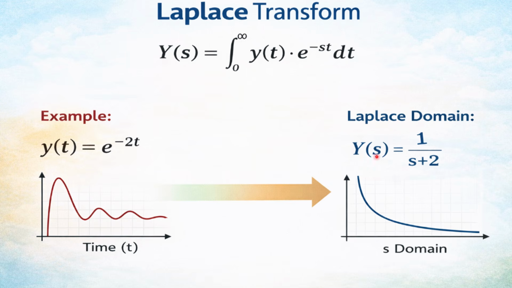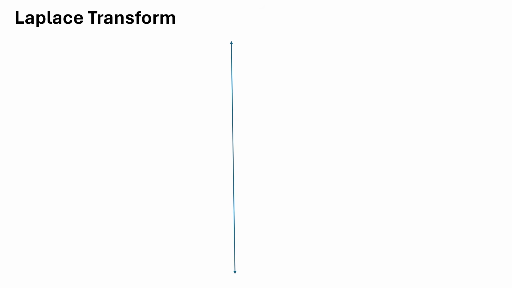You will get Y of s equal to 1 over s plus 2, right? So this is in the Laplace domain and this is in the time domain. The major objective of the Laplace transform is to convert from the time domain to the s domain. Clear? So let's see the examples.